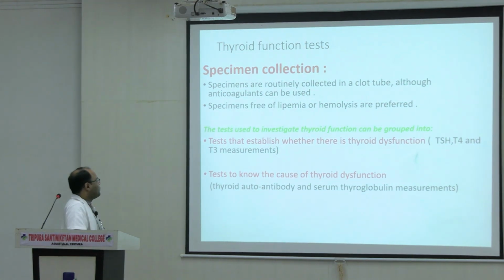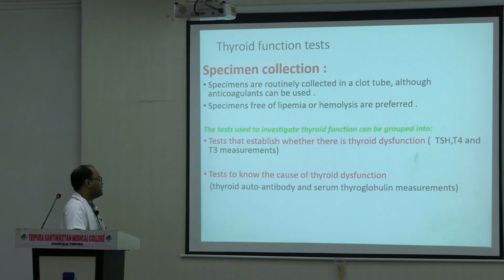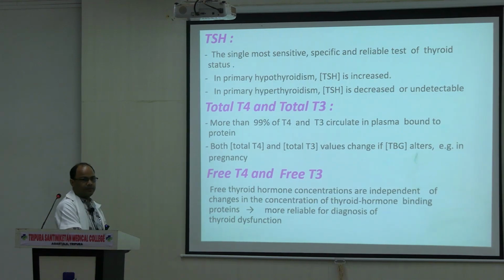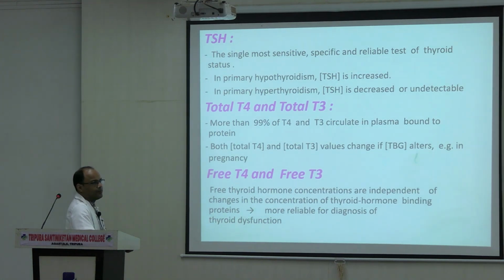So the first test is to detect TSH, T3, T4 measurement to see thyroid dysfunction, and the second test is to know the causes of thyroid dysfunction, like autoantibody and serum thyroid binding globulin measurement. TSH is the single most sensitive, specific and reliable test for thyroid status.